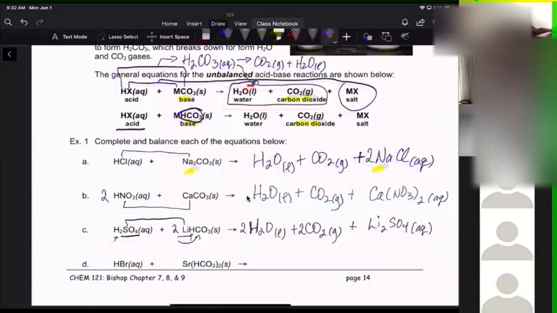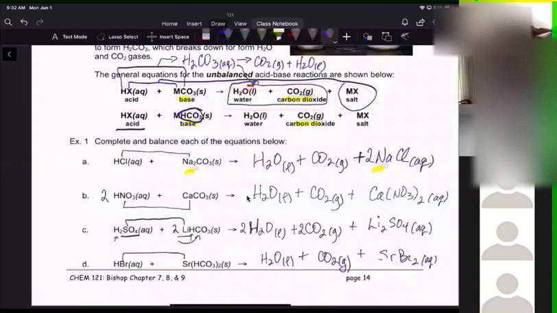And so again, I'm just going to write water as our new water molecule and carbon dioxide, because those come from the immediate decomposition of carbonic acid. And then we have our salt, we have a strontium and a bromine, and bromides are aqueous unless they're with silver, lead, or mercury. Okay, so now we have to balance.